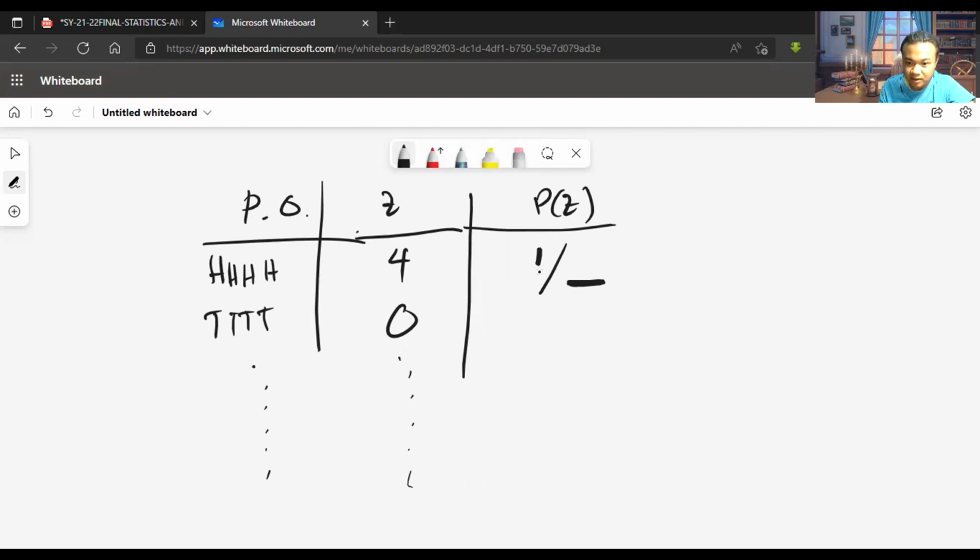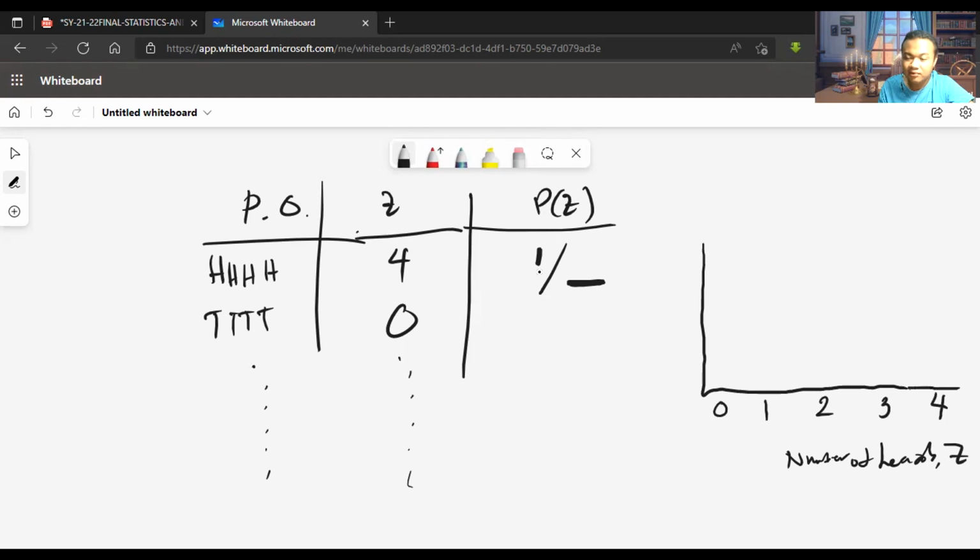Okay, the histogram now looks like this. Okay? So the probability is on one axis and the number of heads is the value of your random variable z: 1, 2, 3, 4.